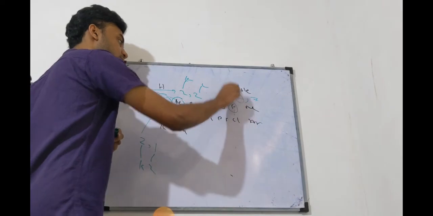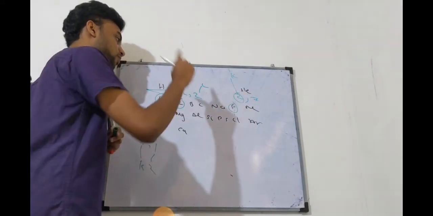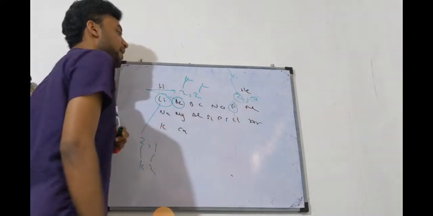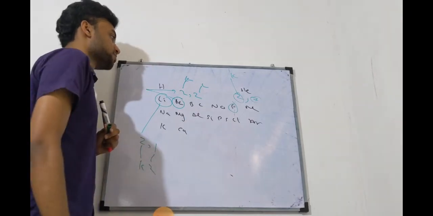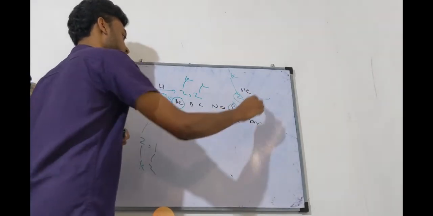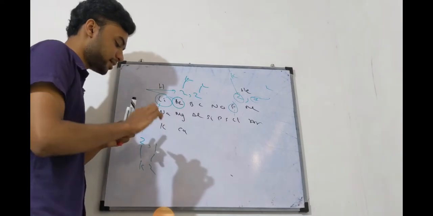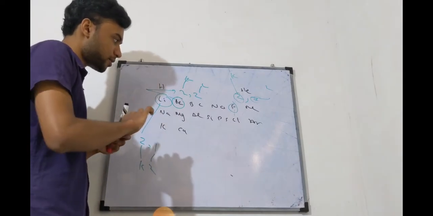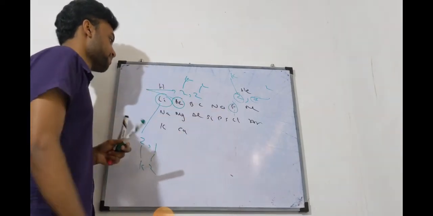Again, 2 belongs to the first energy level K, and 7 electrons belong to the second energy level, L. So you can see that the number of energy levels are the same.